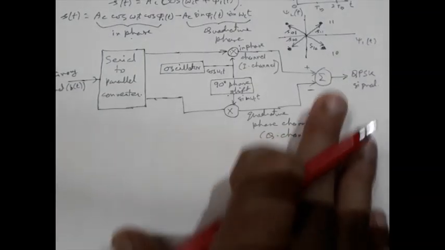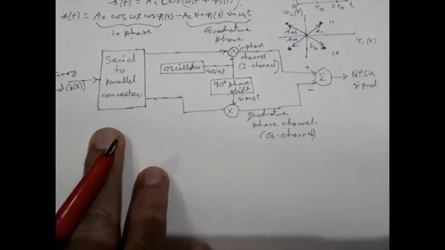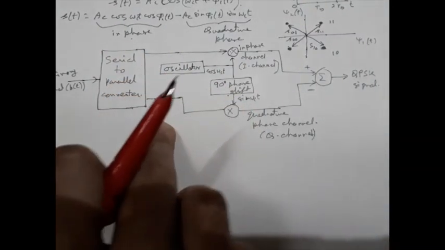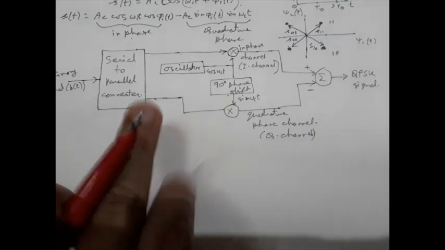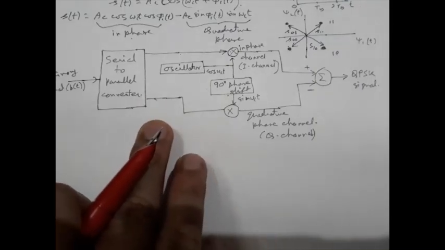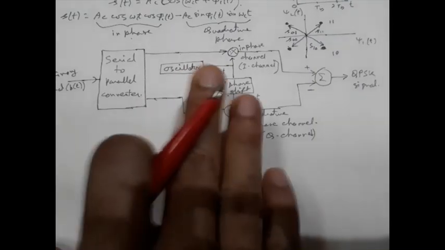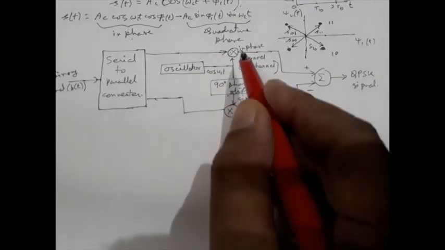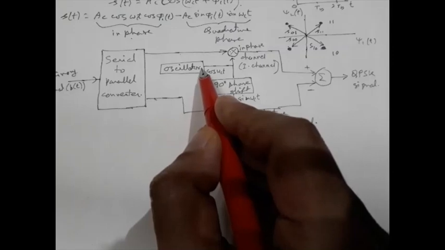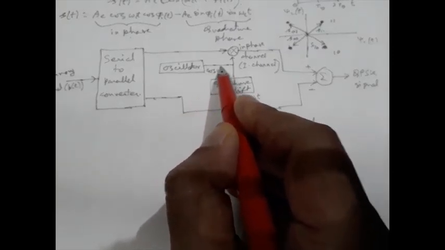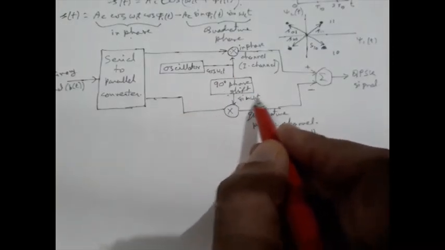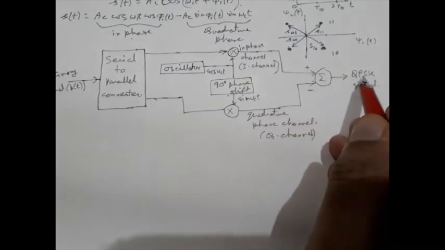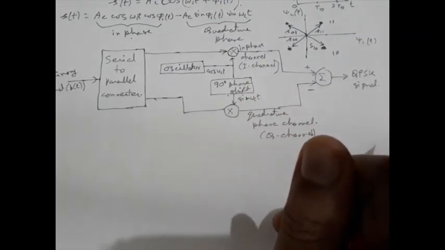Well, this is an oversimplified picture, but I am showing this block diagram so that you can understand the basic generation process. So basically we have two PSK modulators. For one modulator the carrier is a cosine function, for the other modulator the carrier is a sine function, and then they are subtracted to generate the QPSK signal.